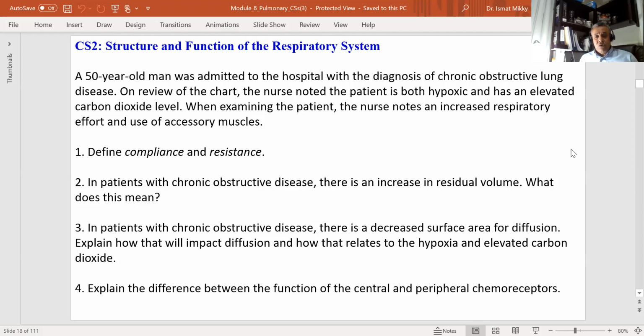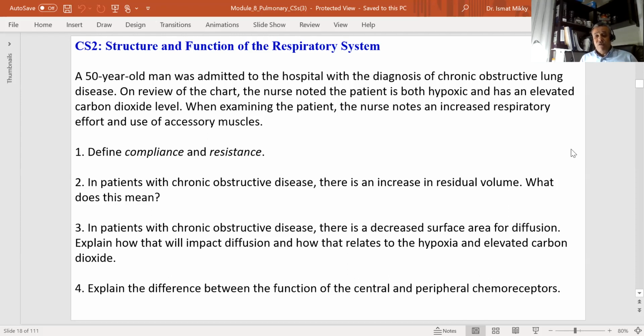So number two, in patients with chronic obstructive disease, COPD, there's an increase in residual volume. So how would you define it, or what does that mean? Now, in the lungs, there are several important lung volumes.